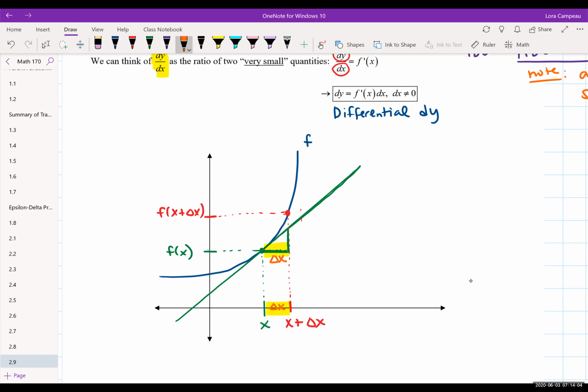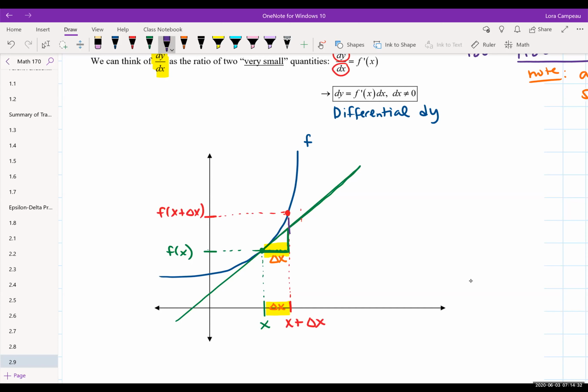And we have our differential to help us out here. We should have our delta y. So let me make sure we have this. Let's draw this picture a little prettier. So what do we call this?